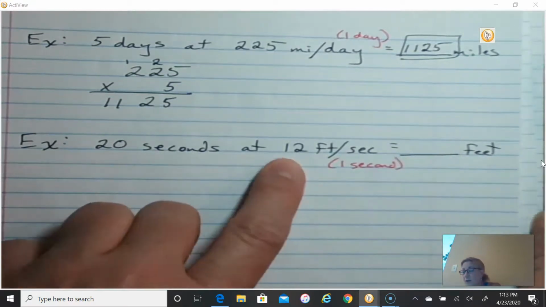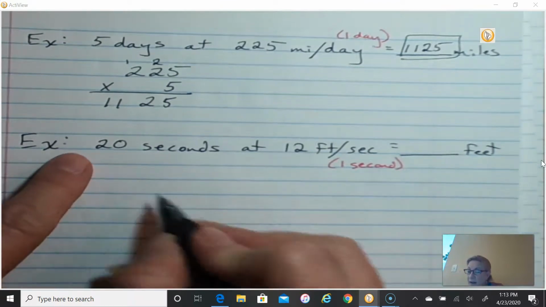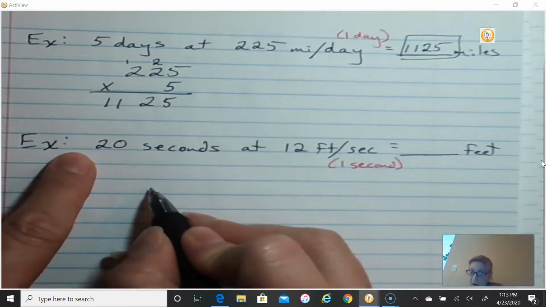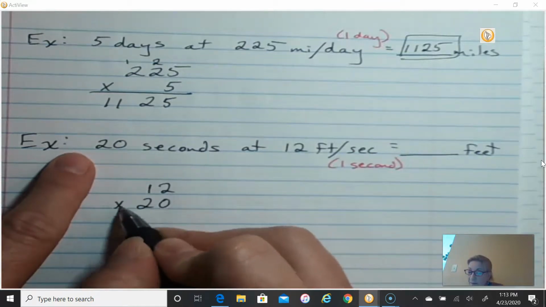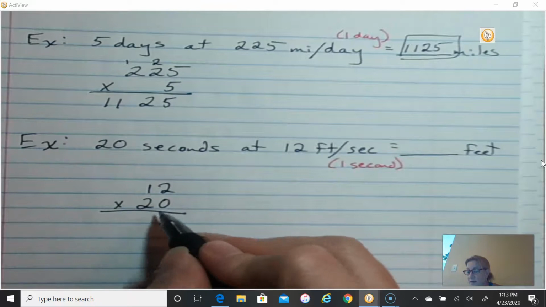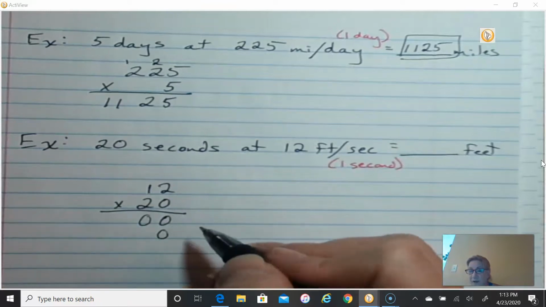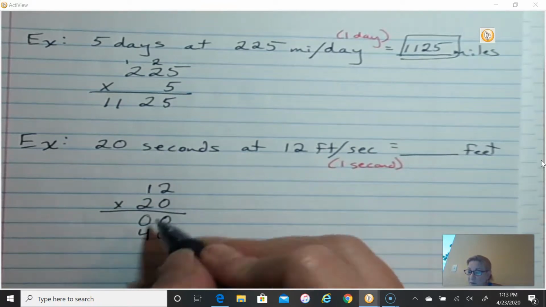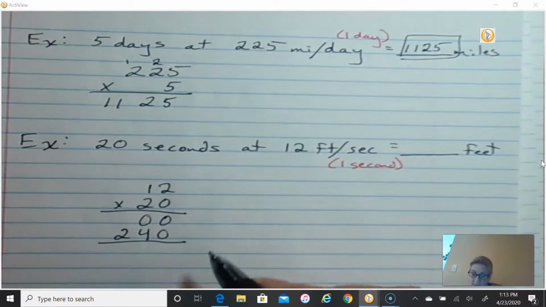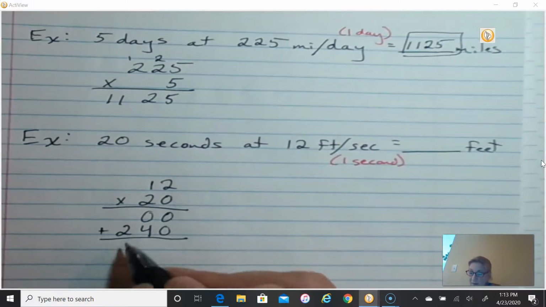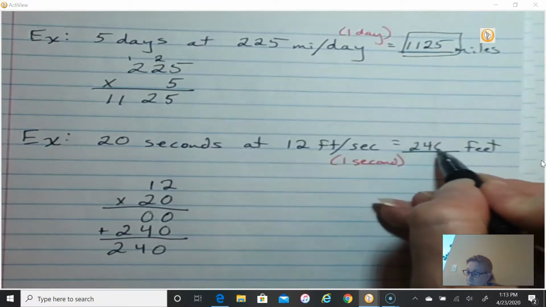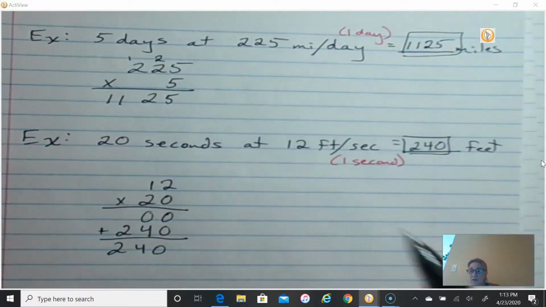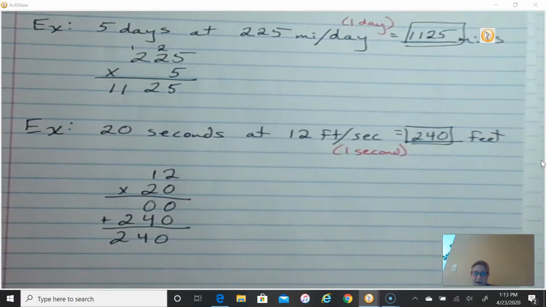So if you can go 12 feet in 1 second, let's see how far you can go in 20 seconds. 0 and 0. My placeholder there. 2 times 2 is 4. 2 times 1 is 2. So add that up, you get 240. So I can go 240 feet in 20 seconds. Okay?